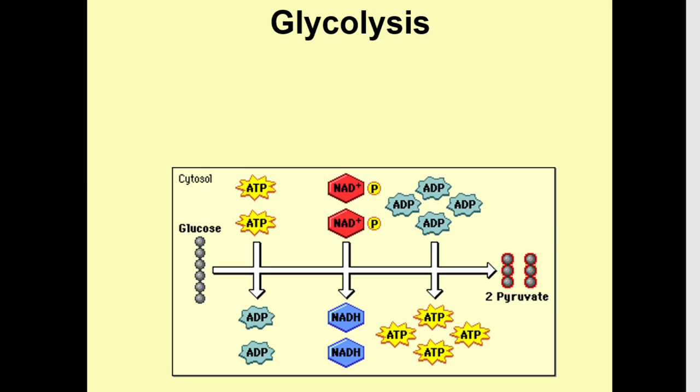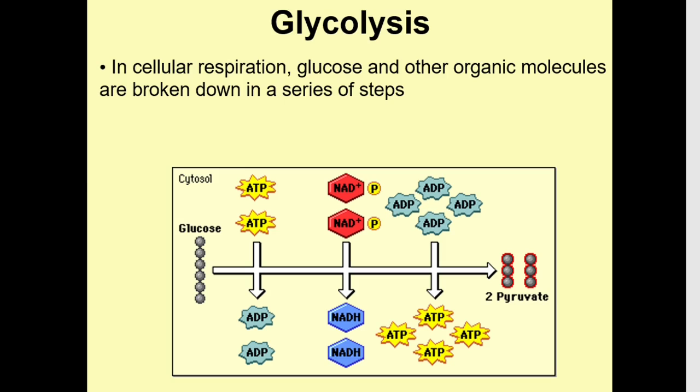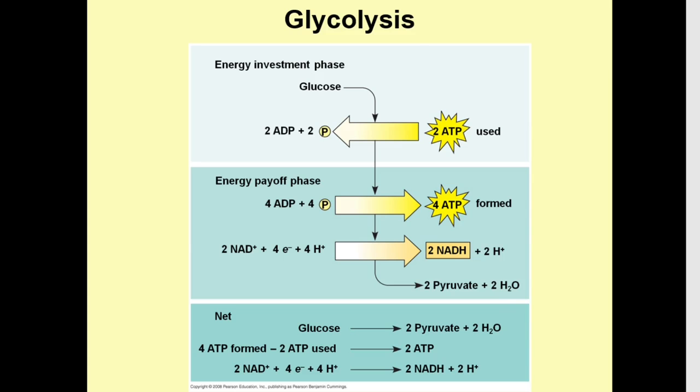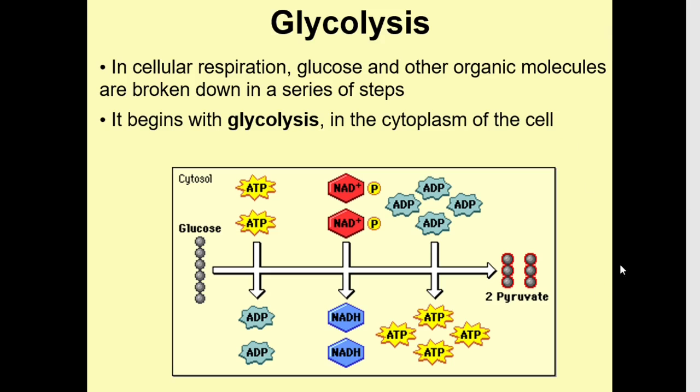So if you remember, this occurs outside of the mitochondria in the cytoplasm of the cell. So in cellular respiration, glucose and other molecules are broken down in a series of steps. And this begins with glycolysis, which happens in the cytoplasm. And what we can see on this diagram is a breakdown of the different processes that are happening during glycolysis.